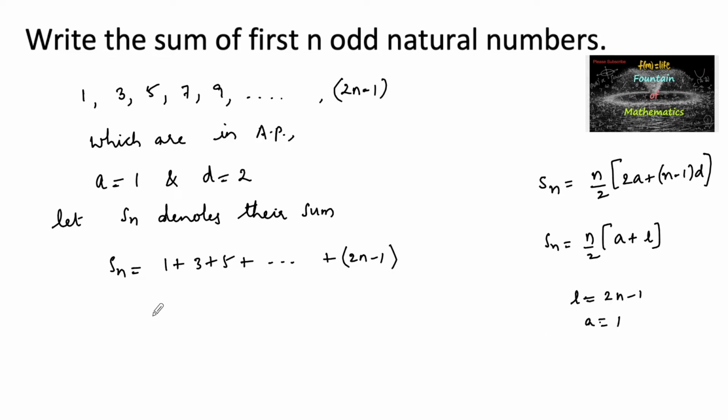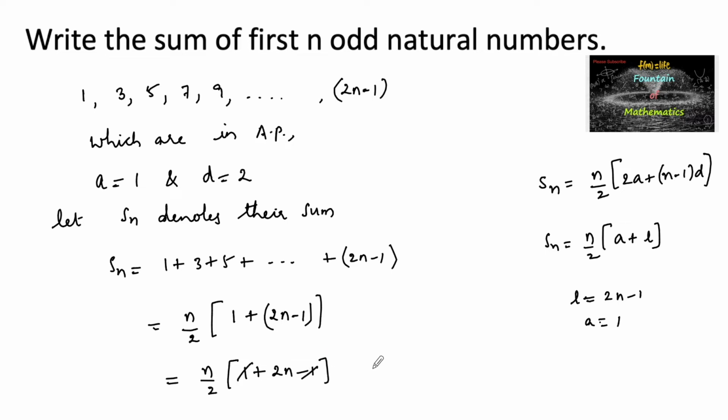So Sn is equal to n by 2 into a plus l, first term plus last term, that is 2n minus 1. On simplifying, n by 2 times 1 plus 2n minus 1, so plus 1 minus 1 gets cancelled, so this is n upon 2 into 2n, so we can cancel 2 and 2 and we can write n square.